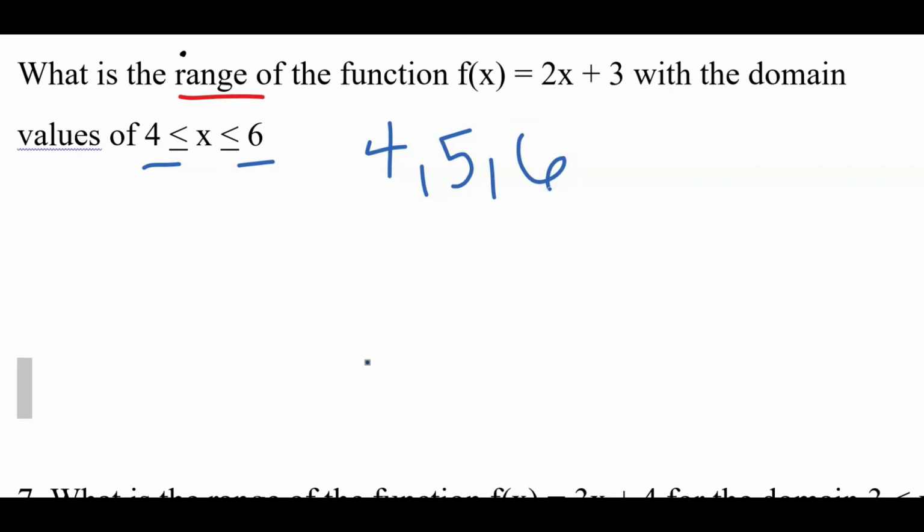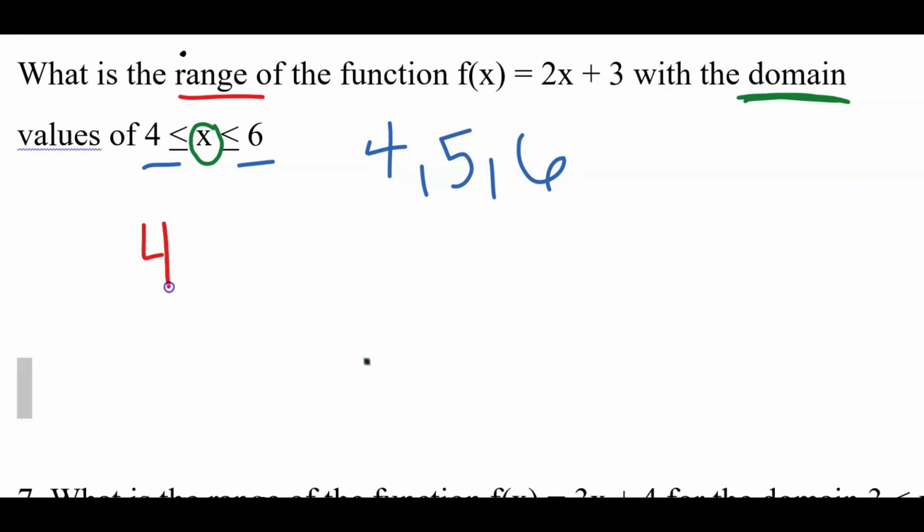But a lot of times with domain, they will compare it to x, because I am talking about x. When I'm talking about domain values, I'm talking about values for x, and a common way for them to show that is to give us something like this, where they say that the x values are between, or they include the numbers 4 and 6.